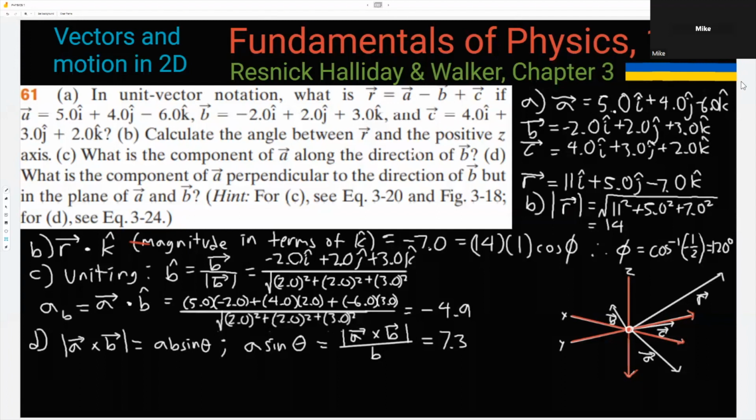Between R and the positive z-axis. Teka ha. This is number... number ba to? 61.